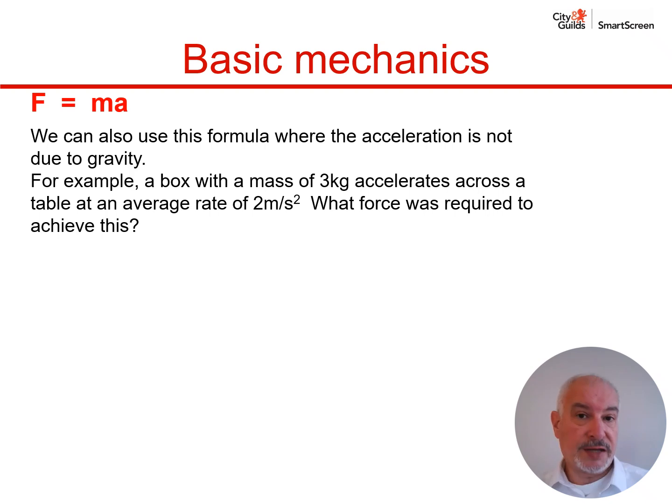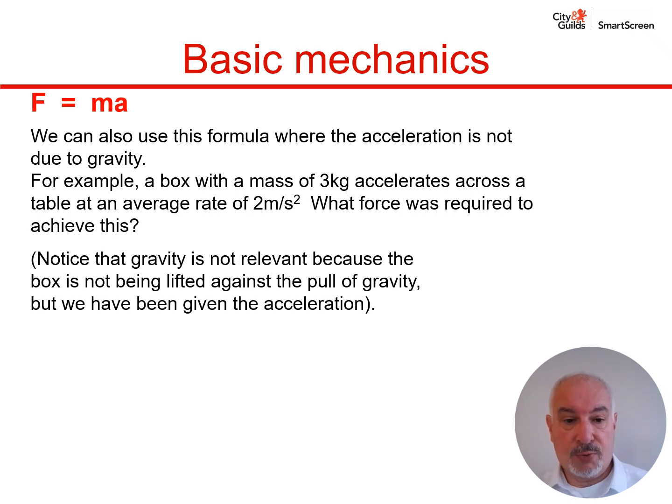So generally speaking, in the question you would be told the rate of acceleration if it involves the force required to move something horizontally. So this example says a box with a mass of 3 kilograms accelerates across a table at an average rate of 2 meters per second squared. What force was required to achieve this?